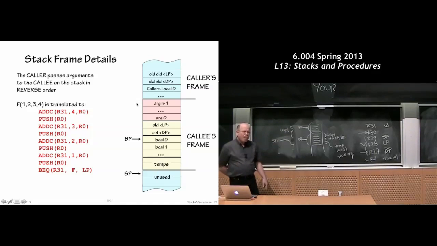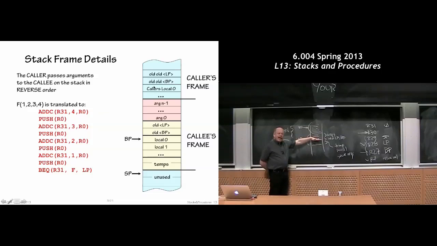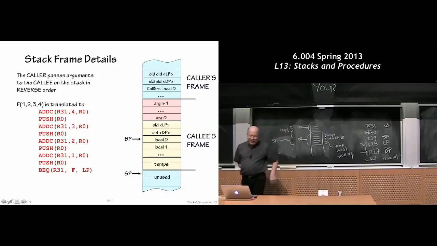Yes? So BP, what exactly is that? BP will be the address of a particular location in the activation record. Which particular? Well, I'm about ready to tell you exactly which location it is. It's this location here. So the caller will put all the arguments onto the stack. Then I'm going to save away the LP and BP registers.